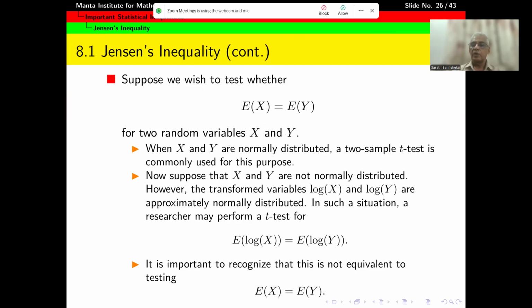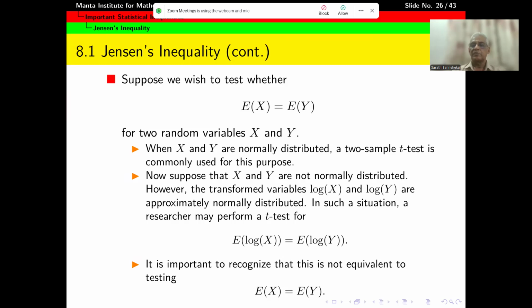Right. Now I'm going to again emphasize two examples where most of the students I have seen make this mistake, right? Suppose we wish to test, right? This is related to something called test of hypothesis. We will be discussing these things later.